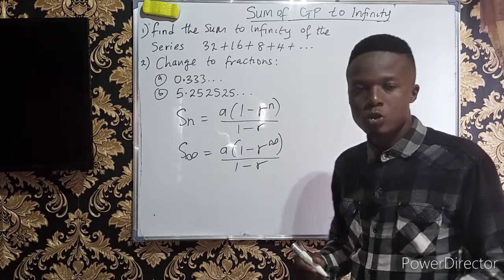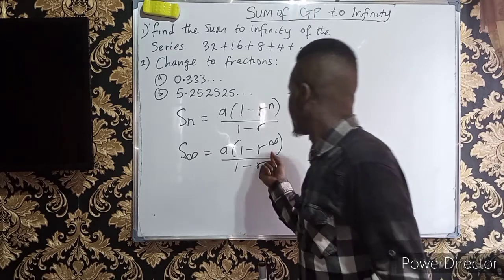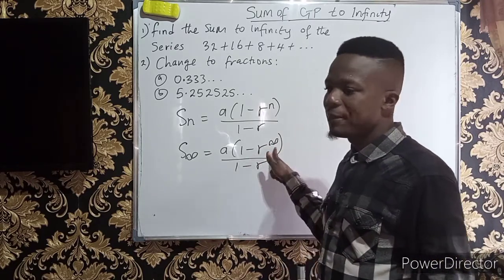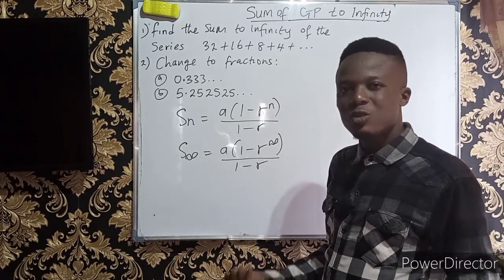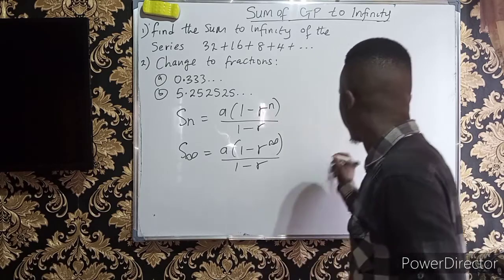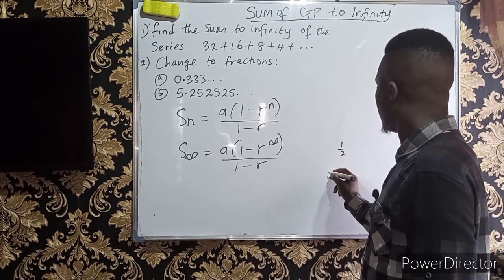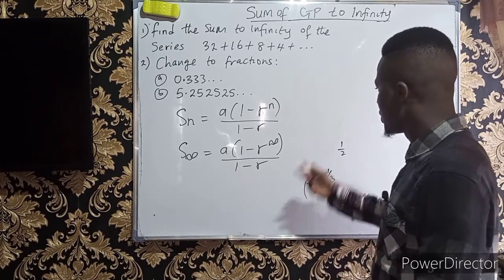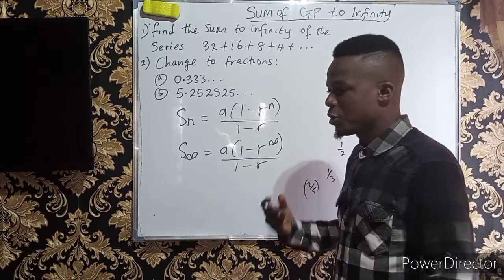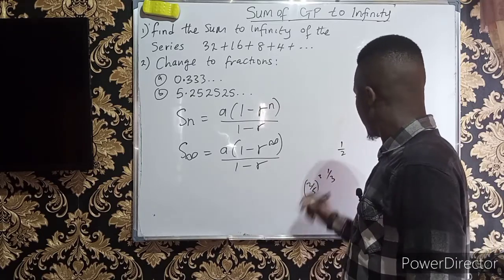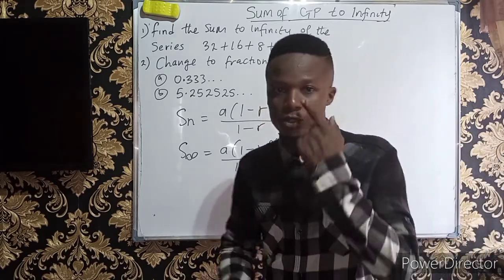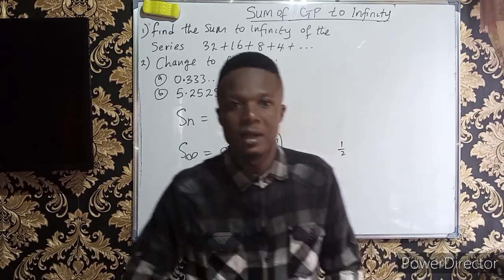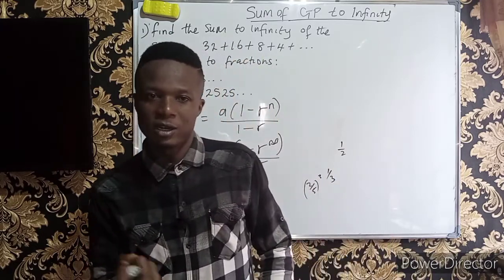Now, here is what I want you to know today. Whenever something is raised to a power of infinity and that value is less than 1, let's say 1/2, or 1/3, or 2/5, as you keep raising it to higher powers, the number will keep tending to 0, because a decimal times a decimal will keep giving you smaller values.